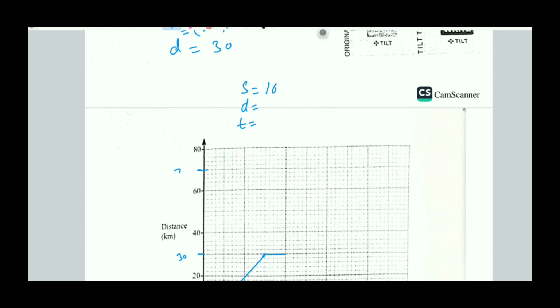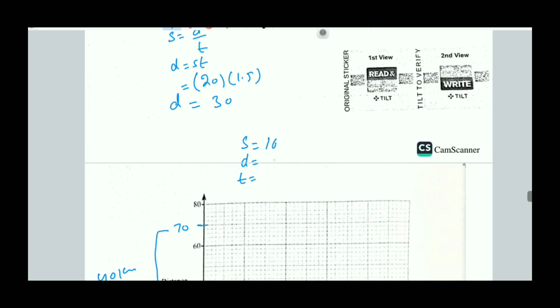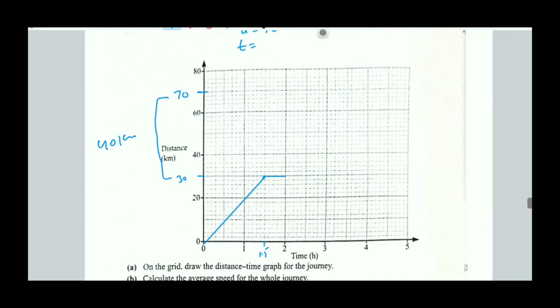This is 70 kilometer. So she is now at 30. So the difference between 30 and 70 is 40 kilometer. So distance is 40 kilometer that she has to cover. So we know the speed and distance. Now we can find the time.